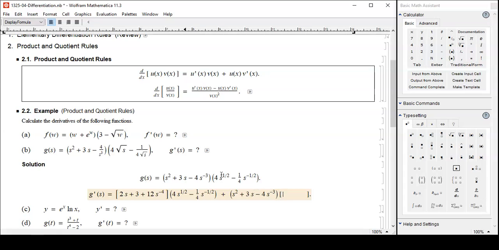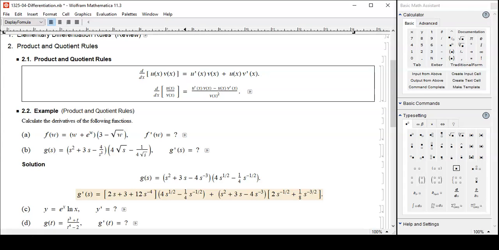Now, how about this one? 1/2 times 4 is 2, and subtracting 1 from the power, we get negative 1/2 power. Now, negative 1/4 times negative 1/2, oh, that becomes positive 1/8 s to the, now subtracting 1 from the power, we get negative 3/2 power. I guess that's it.